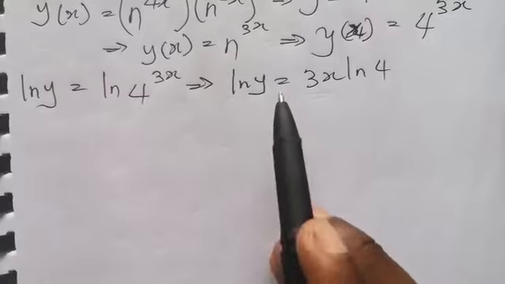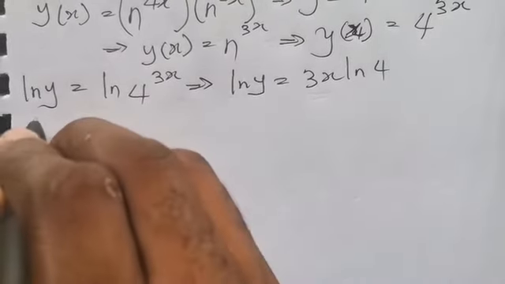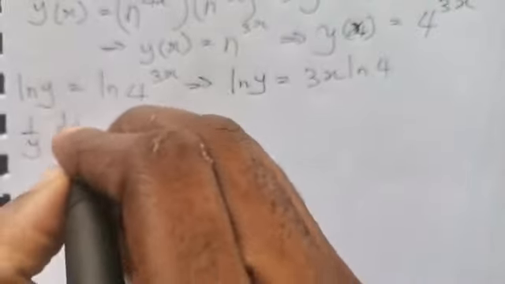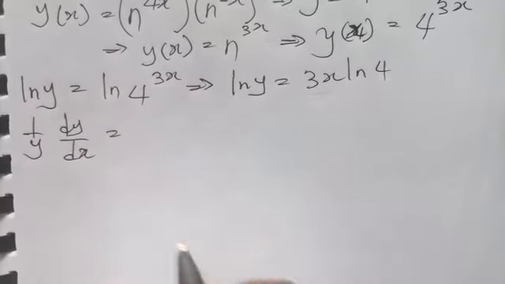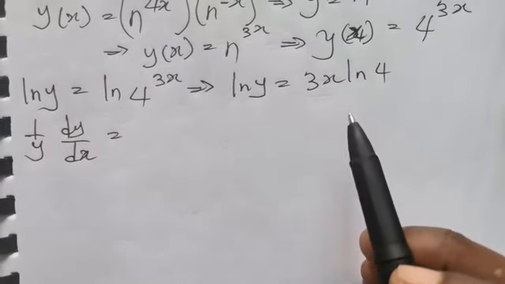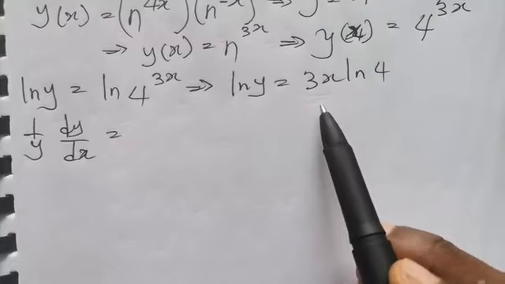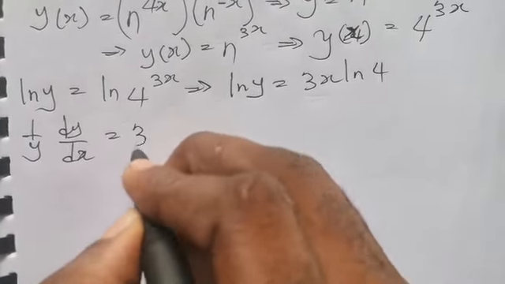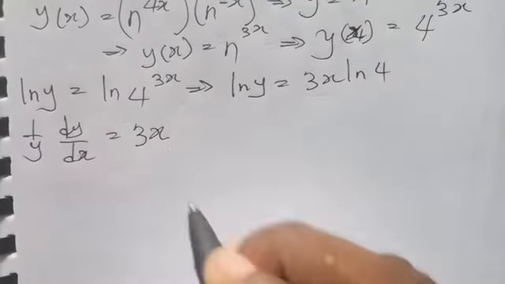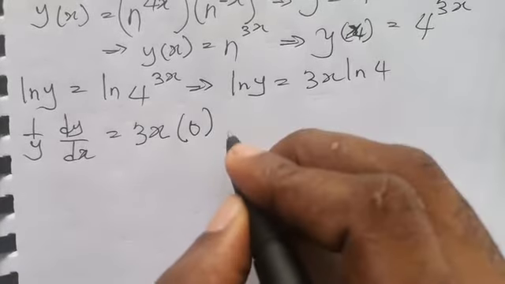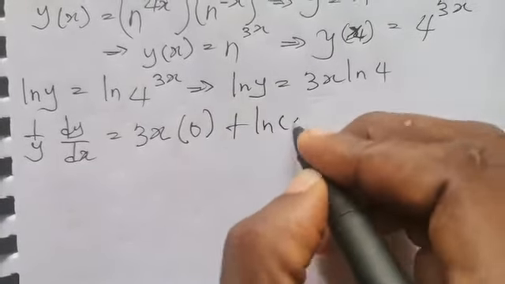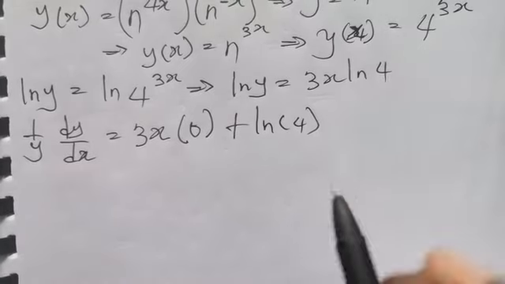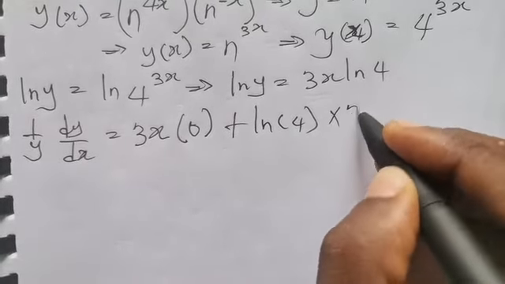Remember since I have ln y, the derivative becomes 1 over y dy over dx, and that's equal to the product of two functions, 3x multiplying ln 4. So from the product rule, hold 3x as a constant, differentiate ln 4. If I differentiate ln 4, I'm simply going to have 0 since 4 is a constant, plus, now you hold ln 4, differentiate 3x.